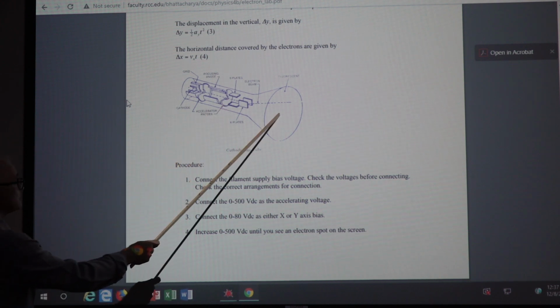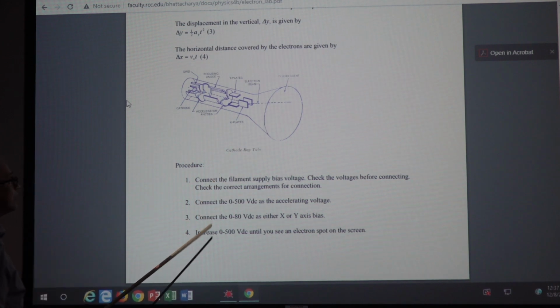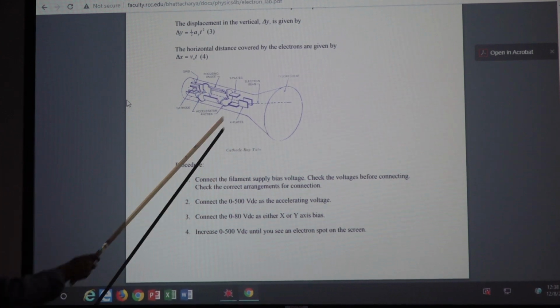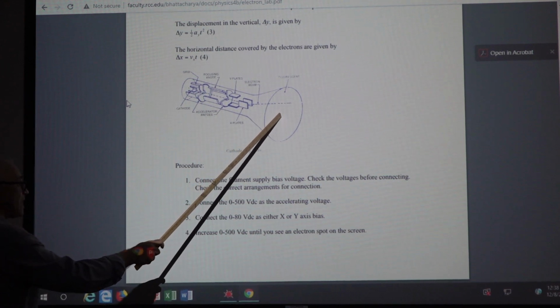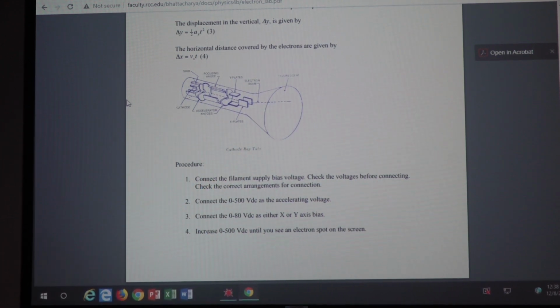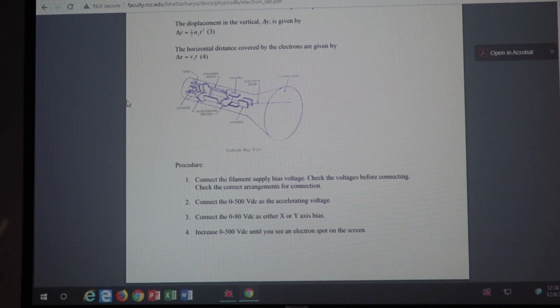With these bias voltages, I'm going to move this spot with an electric field, but then I'm going to put it in a magnetic field, and I'm going to bring that spot back with the magnetic force. And you're going to equate that electric force with the magnetic force. In principle, we're going to go one step beyond what we have done here.